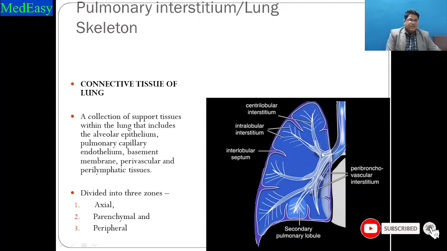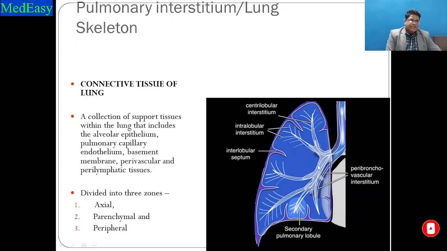One is the axial, here is the parenchymal, and this interlobular septum is the peripheral. It is a collection of supporting tissue covering the bronchovascular structure, secondary pulmonary lobule, and alveoli, and it is made up of connective tissue. This is the three-dimensional view of the connective tissue framework of the lungs, also called the pulmonary interstitium, divided into three zones depending on the area where it is located.